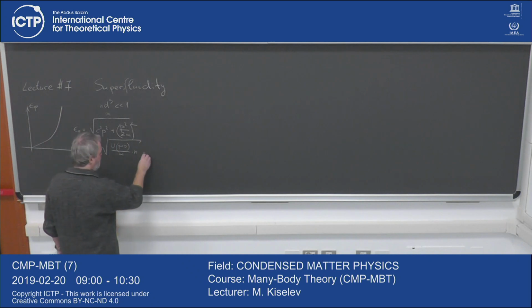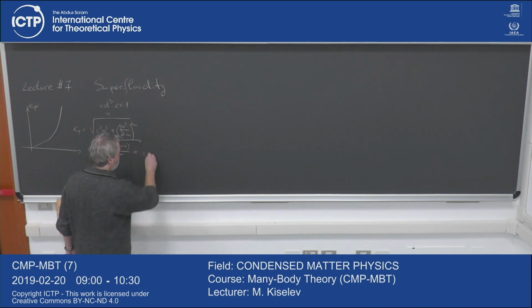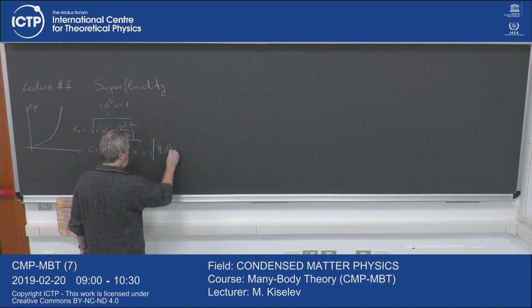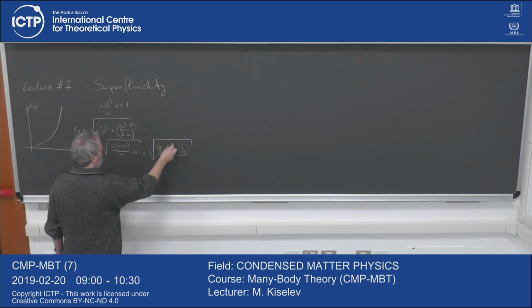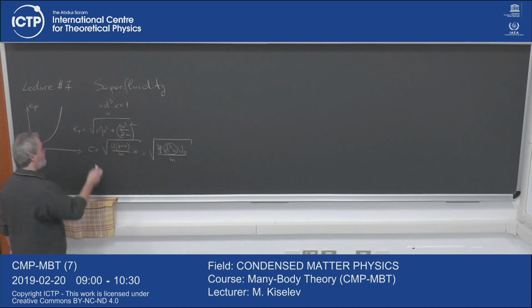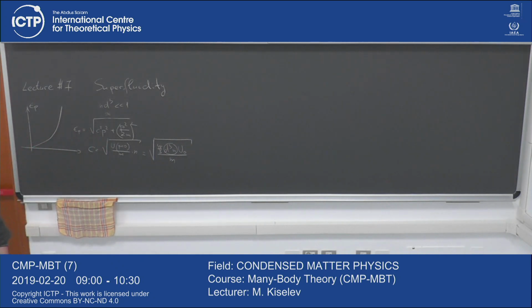For contact interaction, if we plug in the expression which we have derived, u naught over m involves 4 pi over 3 d cubed. So we see that this gas parameter is there.